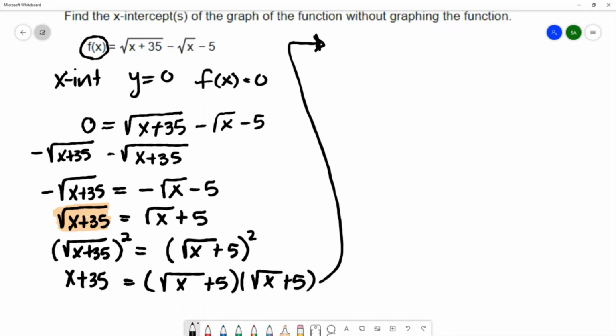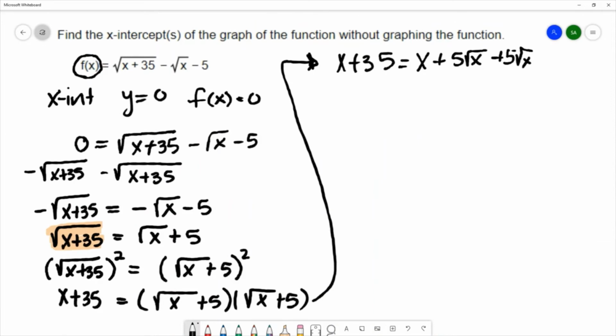We have x plus 35 equals, and I'll multiply this out. Square root of x times square root of x is x. Square root of x times 5 would be 5 square root of x. And we have 5 times square root of x, which is 5 square root of x.